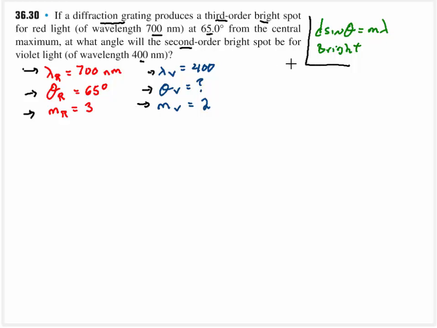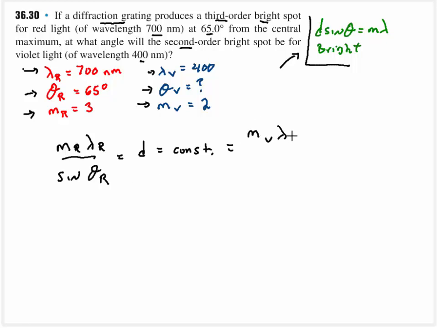So really, the only thing that's going to be constant in this equation right there is going to be d. So we could actually just say m times lambda divided by sine of theta is going to be equal to d, which is going to be constant. And so we could say the red light quantities are going to be the same as saying the violet light, lambda violet light, and then sine theta for violet light.